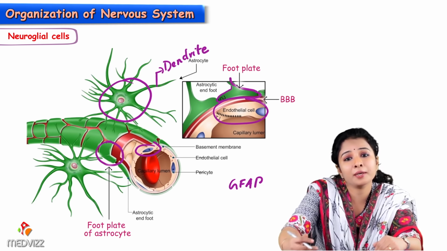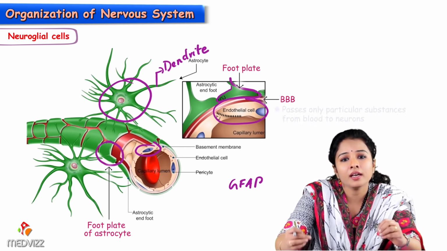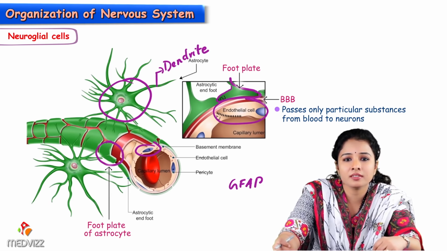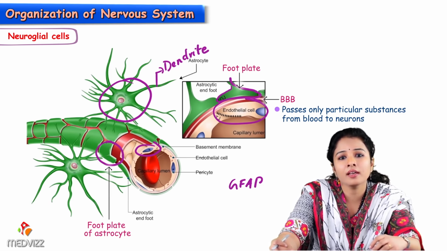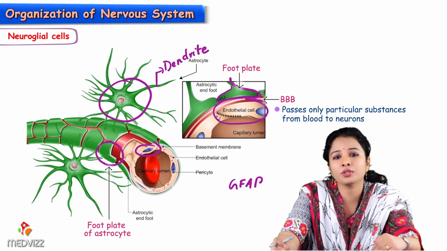astrocytes forming the blood-brain barrier. Blood-brain barrier means they allow only particular substances to pass from the blood to the neurons.